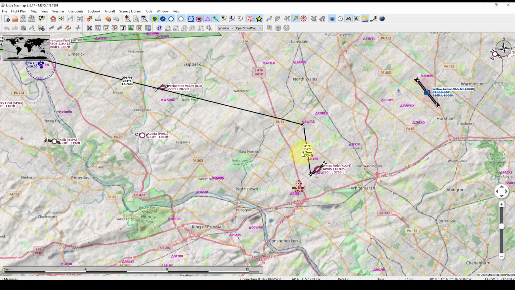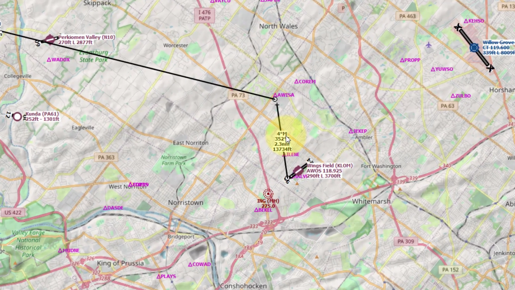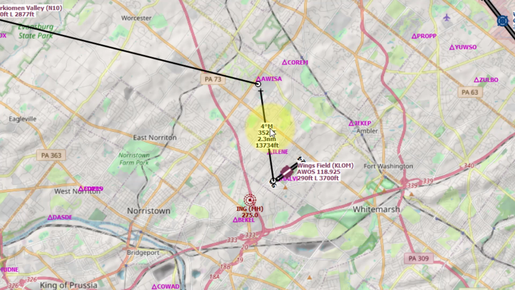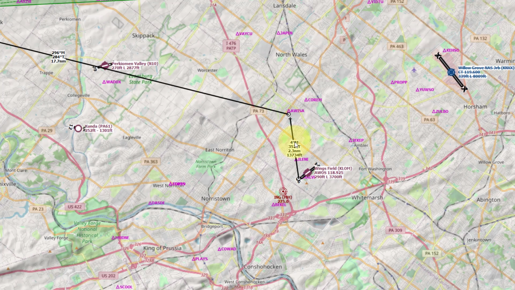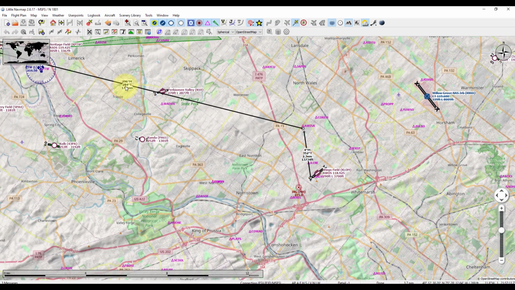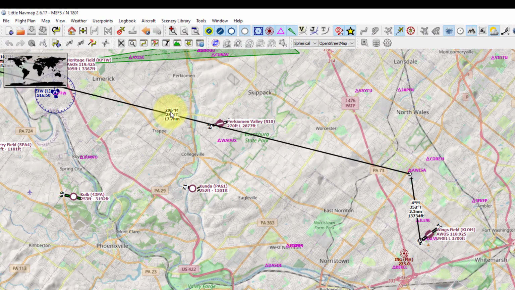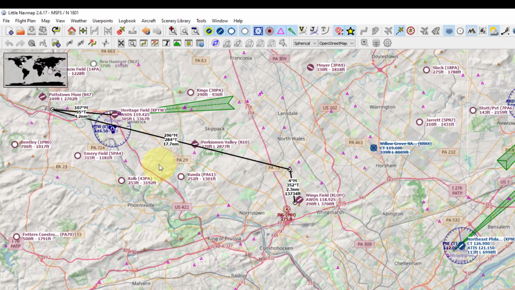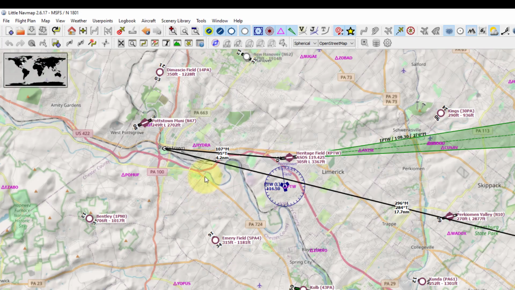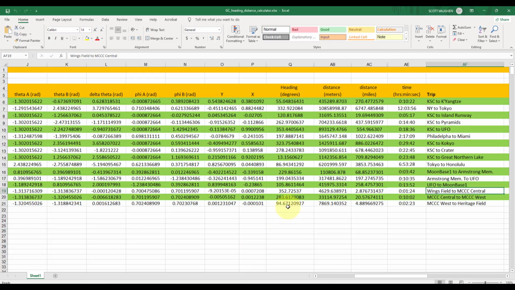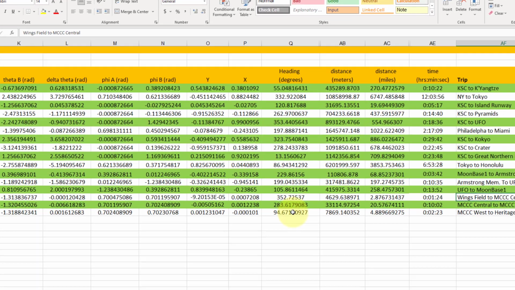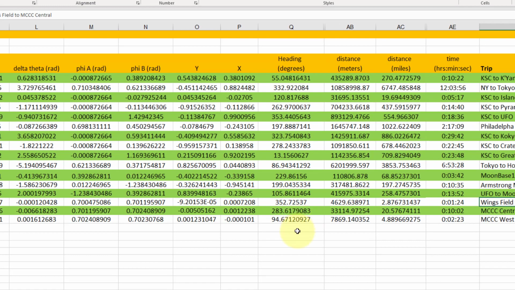And what it's telling me is that the magnetic heading is about 4 degrees and the true heading is 352, very close to what I had calculated, saying 284 for the true heading and 296 for the magnetic heading. And then coming back 95 for the true heading and 107 for the magnetic heading. And so that's really just exactly what we got in these calculations for the true heading.